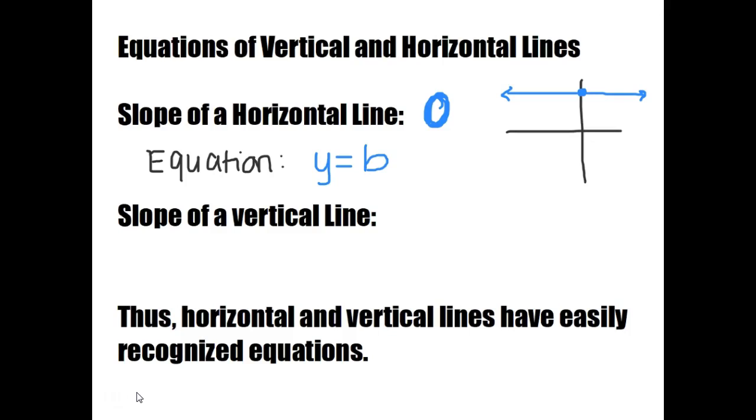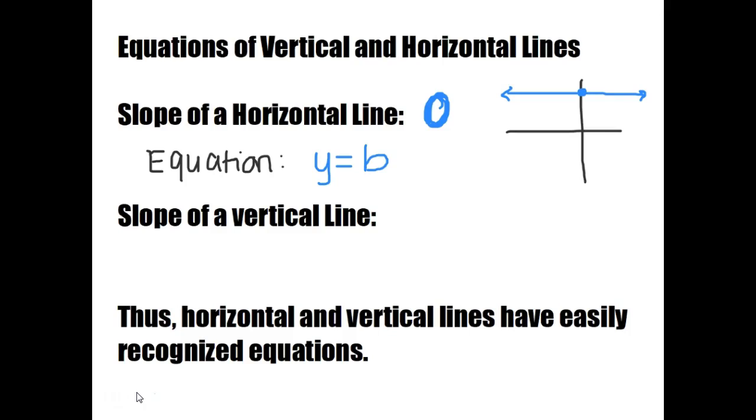Because if the slope is 0, what's 0 times x? 0. So it zeroes out or goes away. The equation of a horizontal line is always y equals b because the mx part is 0. Does that make sense?